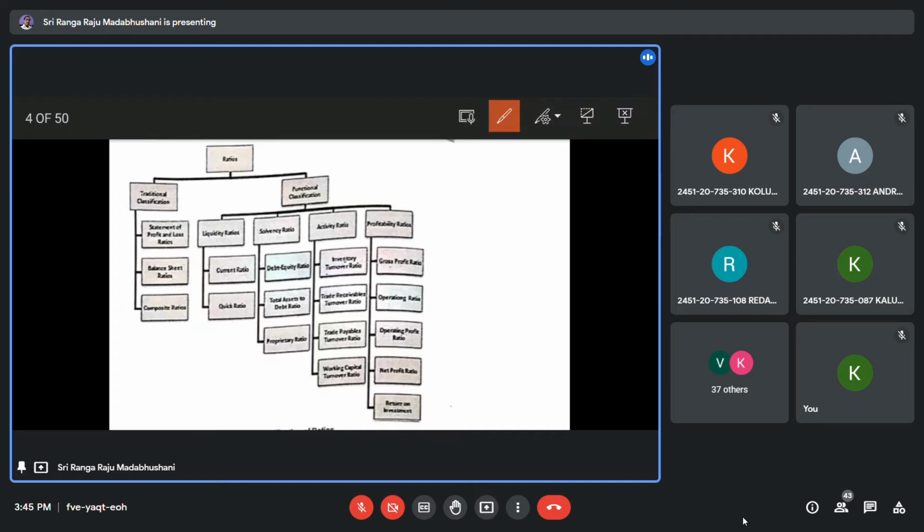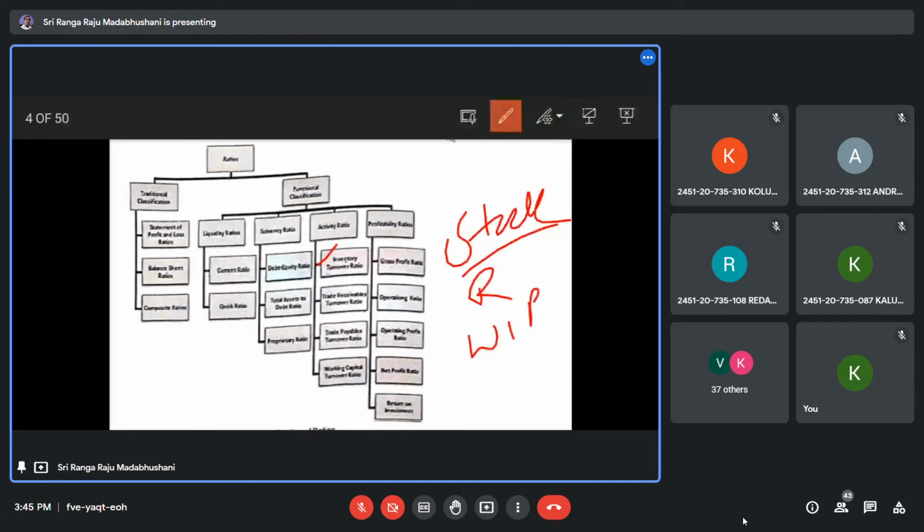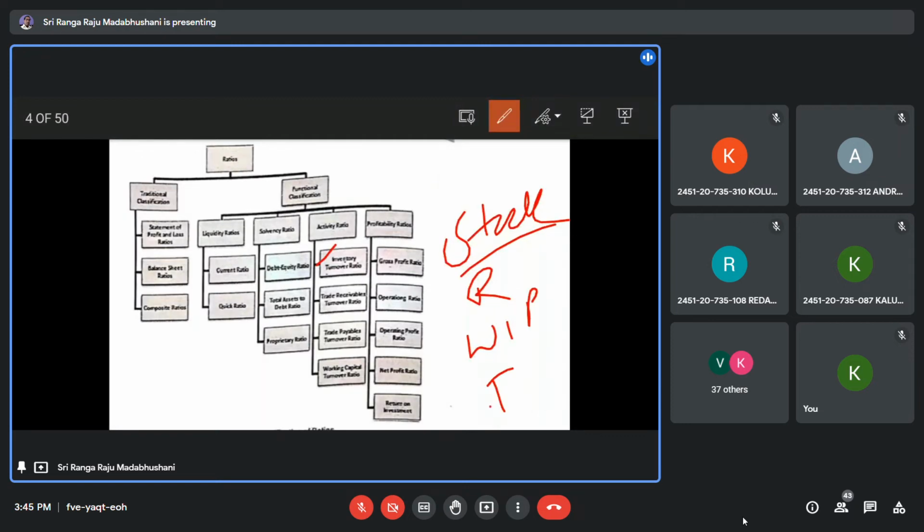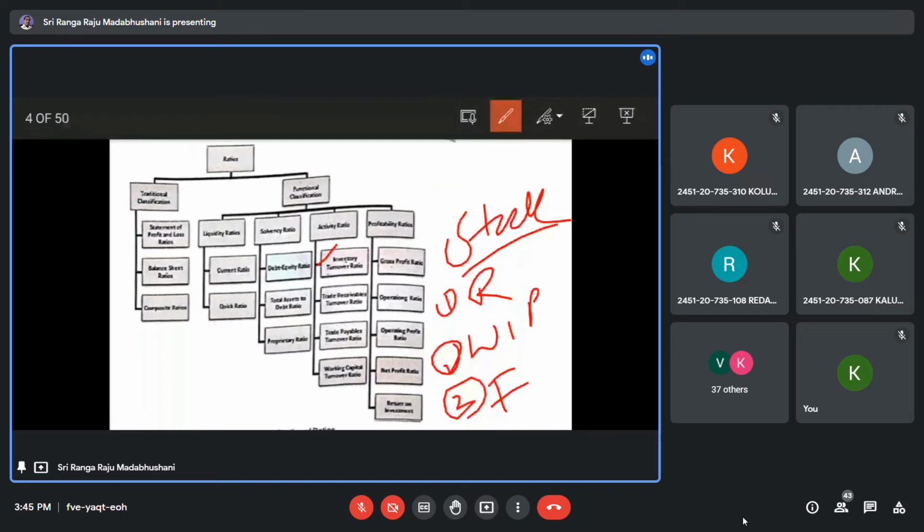In that, the inventory turnover ratio is the first one. Inventory means purchases. If it is trading, you will have only stock, and we will call it just stock. If it is production, then you will find raw material, work in process, and finished goods, so the stock will be of three types.